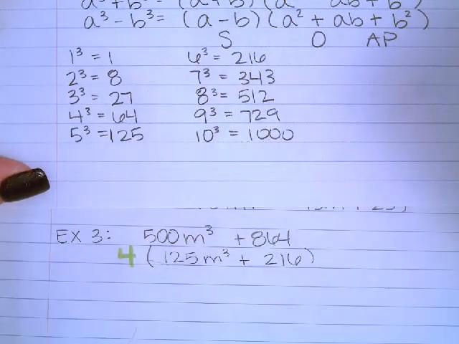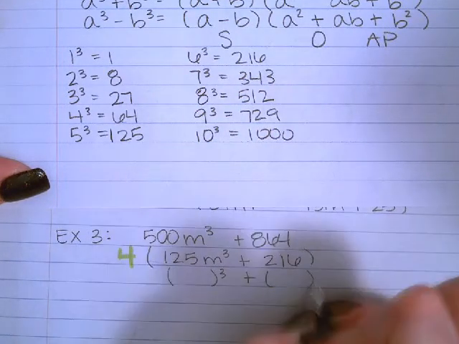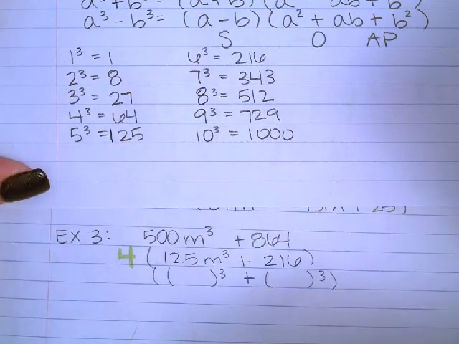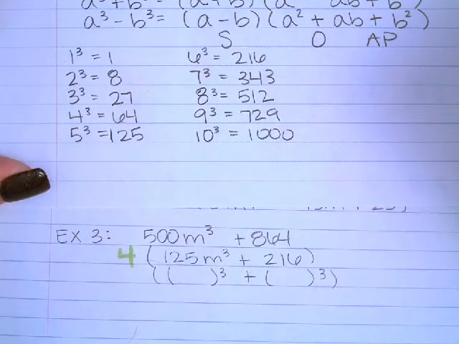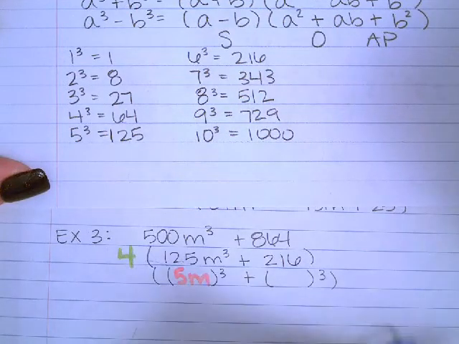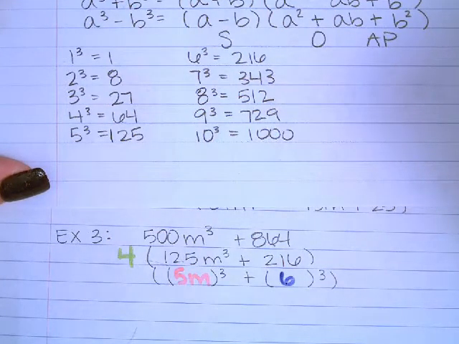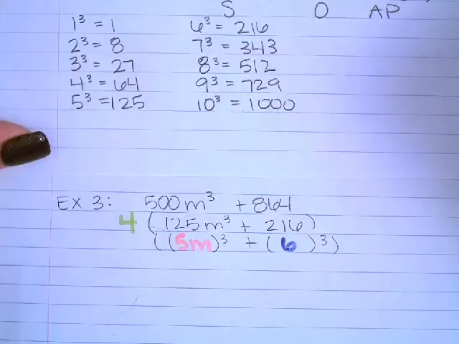Okay, so I'm going to keep that. I'm going to go ahead and write this as something cubed plus something cubed. And so 125 is 5, so that's 5m to the third. 216, that's 6. All right, so now I'm going to go ahead and use my pattern.